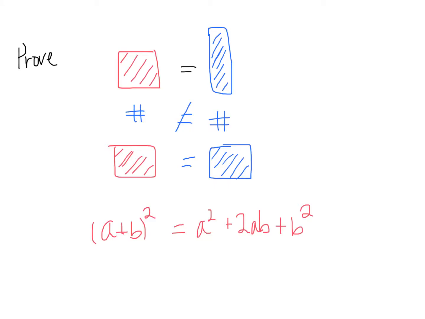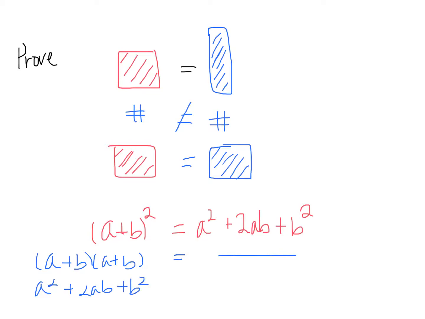You'll either want to take this piece here and make it look just like the left side, or you want to take the left side and change it around so it looks just like the right side. And in this case, we know how to FOIL, so (a + b)(a + b) is something that we can rewrite. We keep the right side the same, and then when we FOIL, we see that we get a squared + 2ab + b squared, which is exactly the same thing as we had on the right. Okay, and so keeping this idea in mind will allow us to work with some more difficult situations.